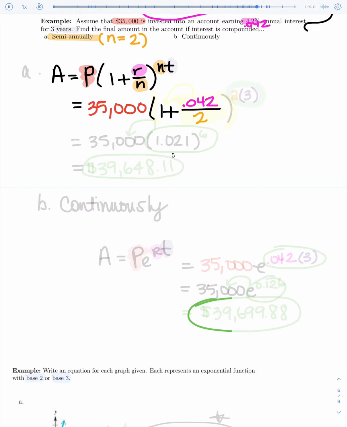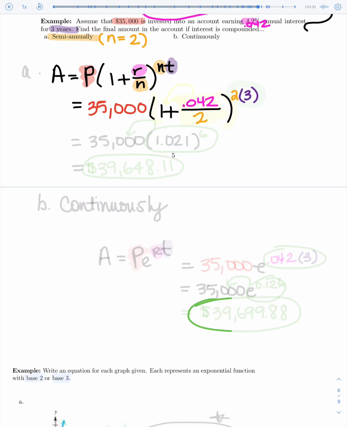Raised to the, notice, we've got another 2 on the outside as part of our exponent, times the number of years we have. Our t is our number of years, which according to this one is 3 years, so times 3.